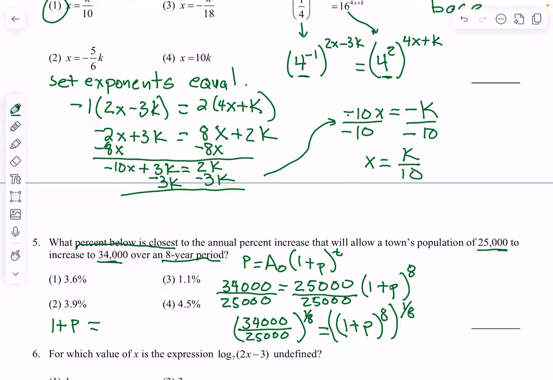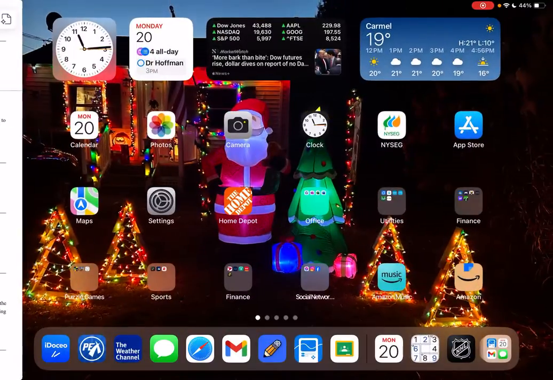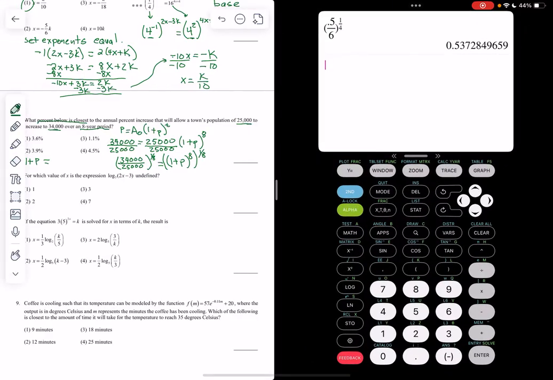So how do you put that in your calculator? We go over to the calculator, right? Split view for me. And again, I'm going to start with parentheses. I'm going to put in a fraction, alpha fraction, 1, 3, 4, 0, 0, 0, and the denominator is 25,000.